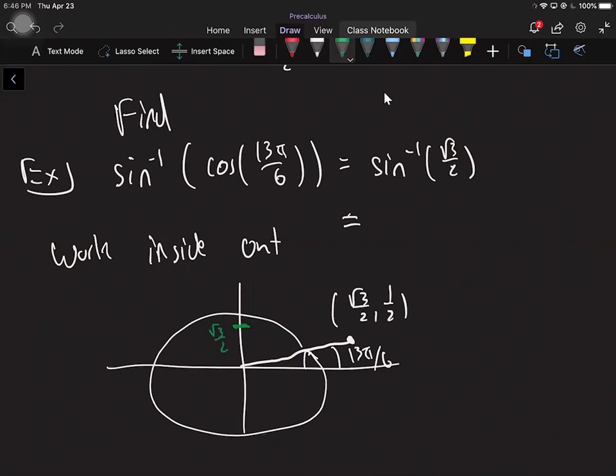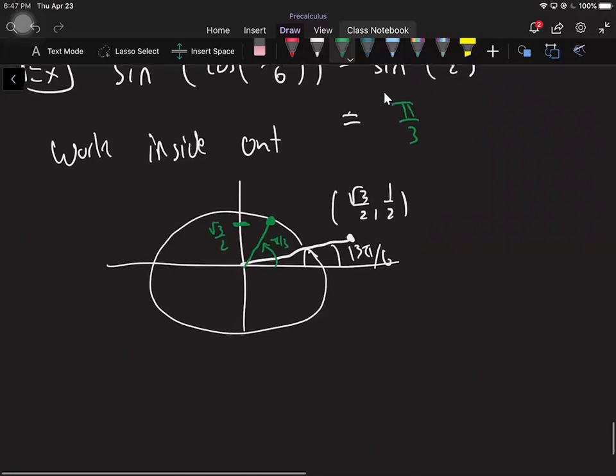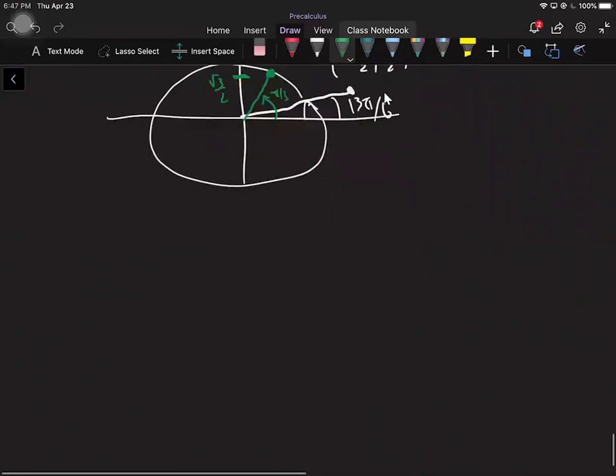That's the answer to this next part. So what angle is that? That's pi over 3. So first I go from angle, I plug in an angle, I get a number. Then I do the inverse, which means I plug in a number and I get an angle as an answer. Okay, so let's do another one like that.